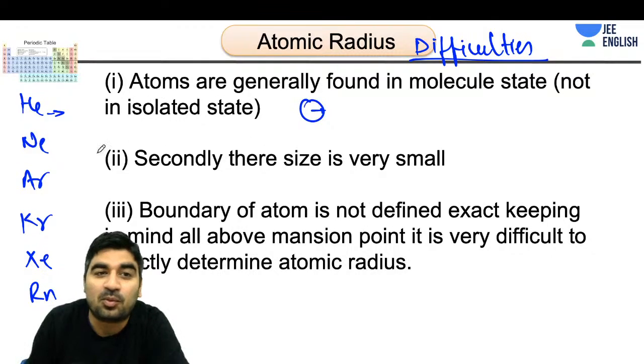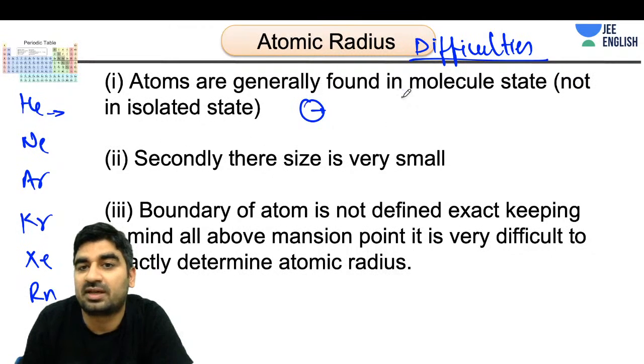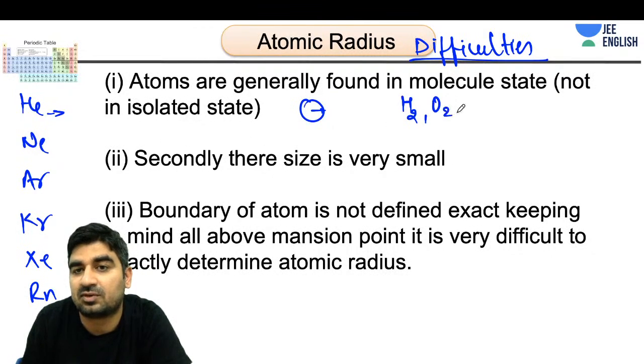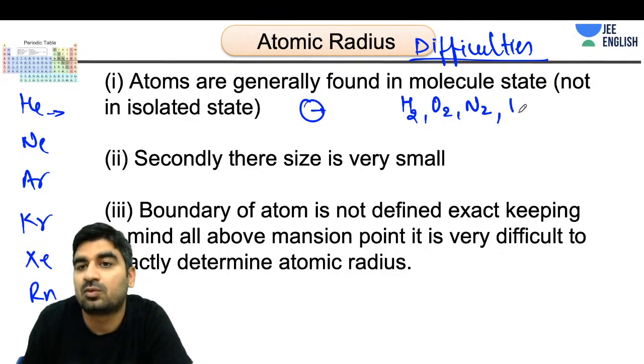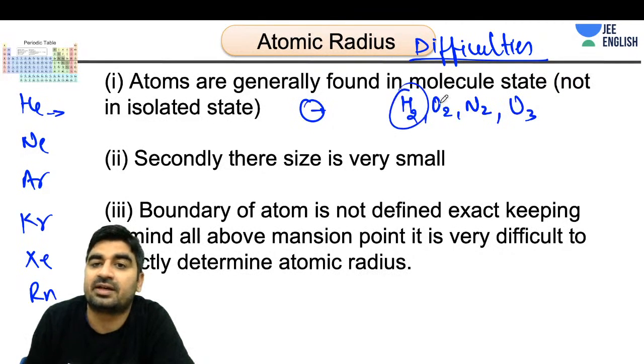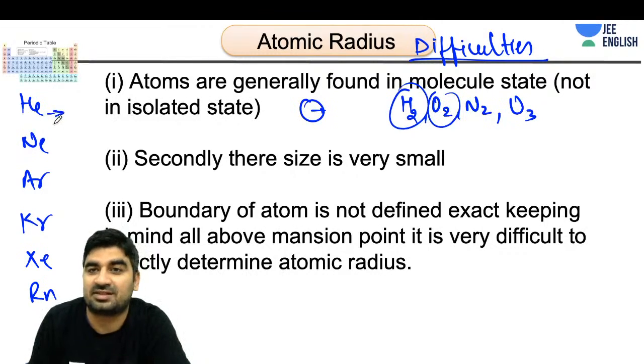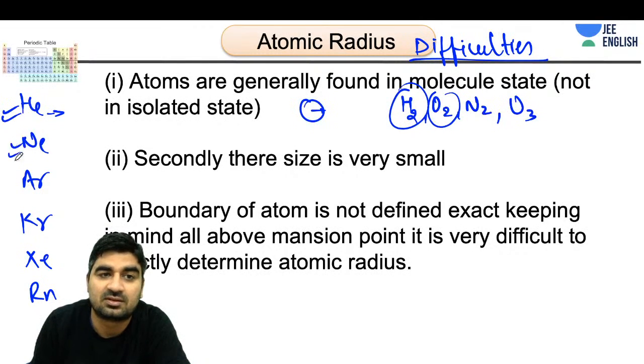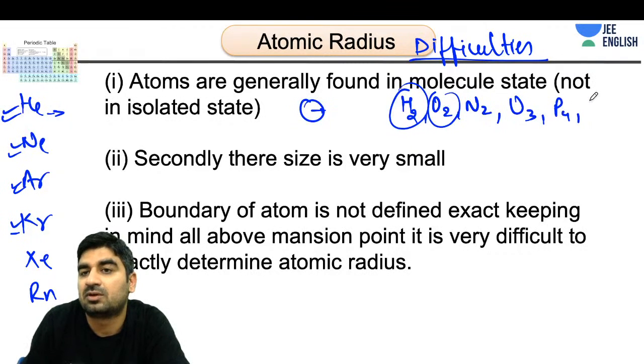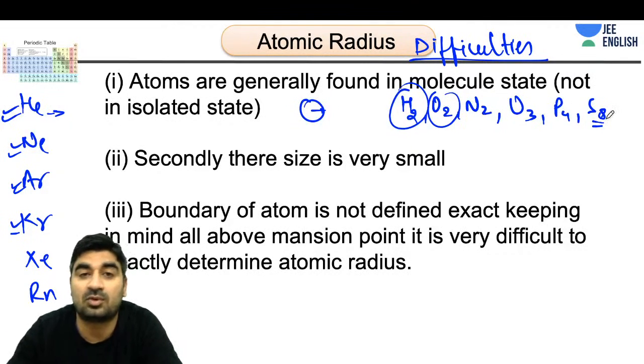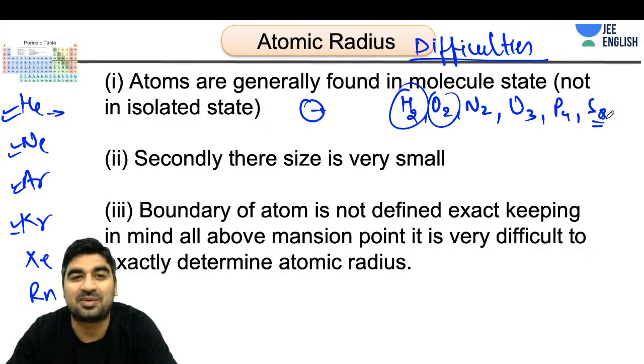But most of the gases, like hydrogen, oxygen, nitrogen, ozone, do not exist in atomic state. Most molecules, like P4 and S8, never exist in atomic state. Even if you try to break them into atoms, they will be highly unstable. So how will you measure their radius?